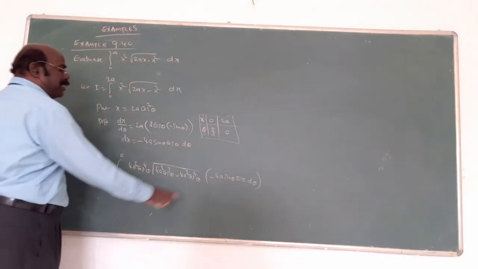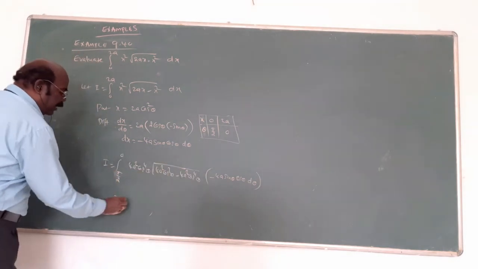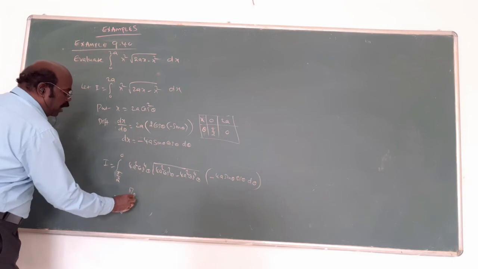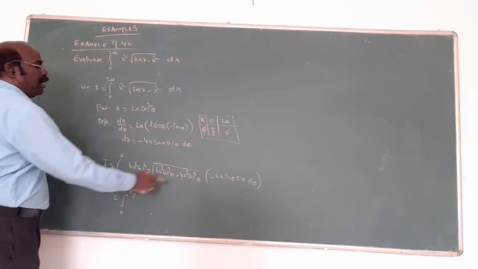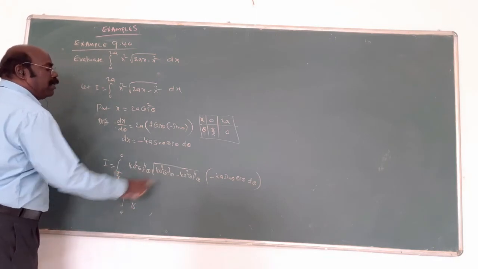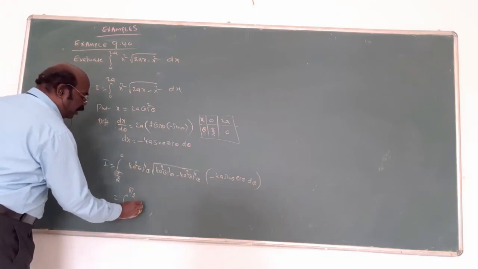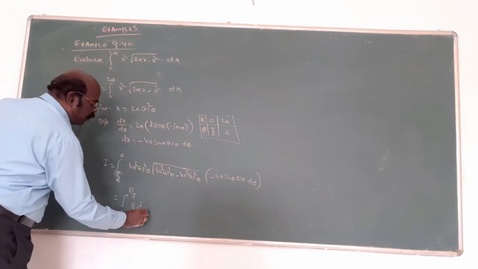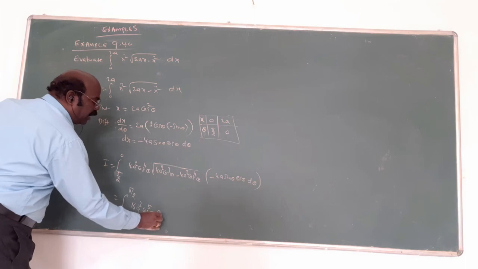Now you want to use the limit. Pi by 2 to 0 becomes 0 to pi by 2, so automatically the minus becomes positive. Now multiply: 4 fours are 16, a square times a gives a cube. Then cos 4 into cos theta, and sin theta is already there.